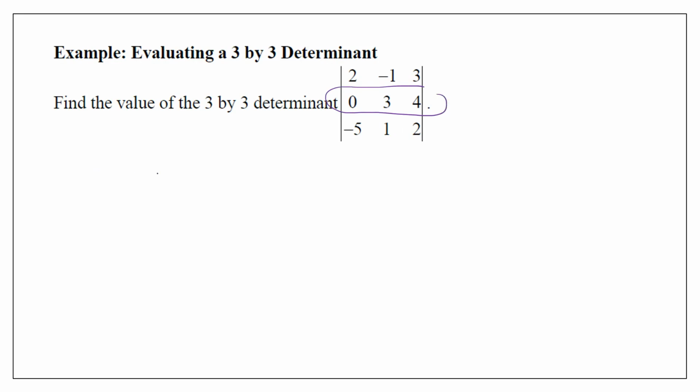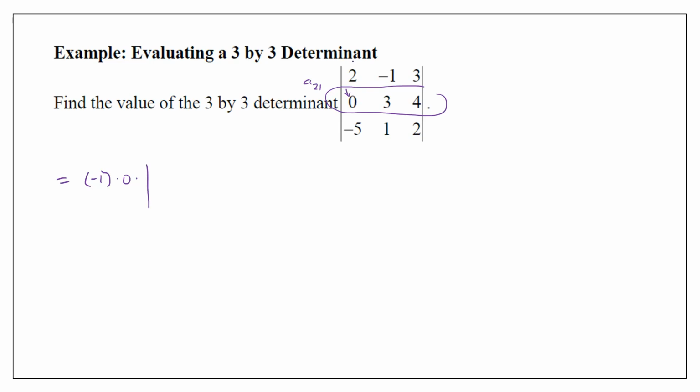Since this is row 2, I'm going to start with the first one here. Row 2, column 1, so 2 plus 1 is 3. I'm going to start with a -1. So I'll have -1 times 0 times the minor that's formed at this entry.